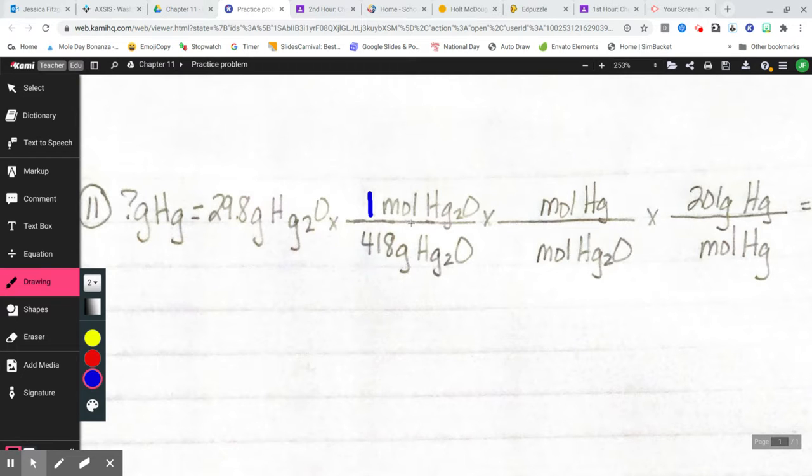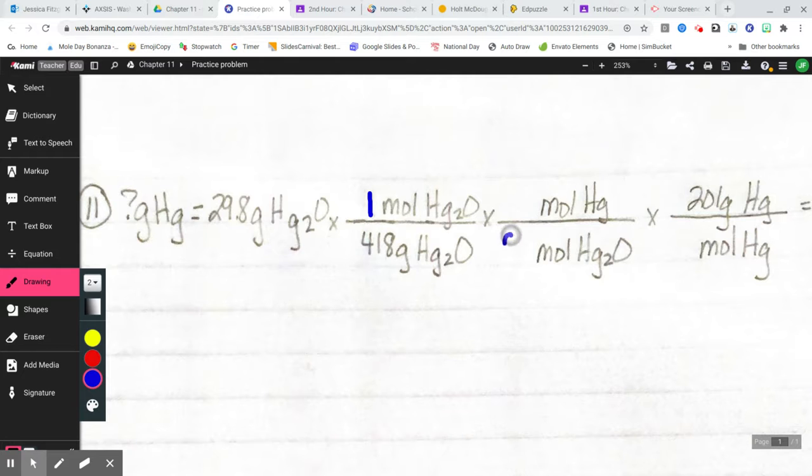Your first step and your third step, your number of moles will always be the same because look, your substances are the same. They're not the same in this middle step here. This is where you go to your balanced equation. So the coefficient is going to be a 2, I believe.